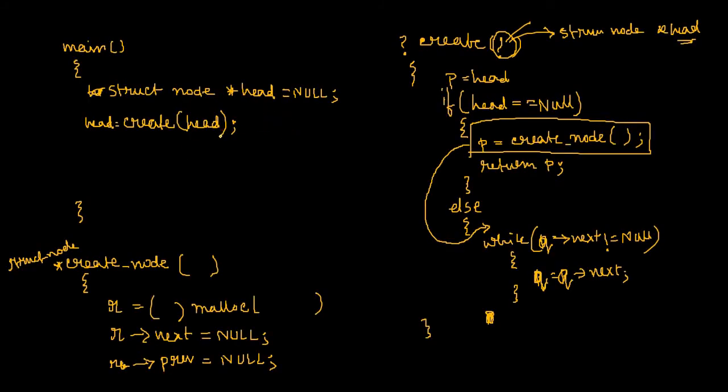And if it is not the first node, maybe second or third, in that case, automatically that will be connected with the last node of the already created linked list, somewhere over here. Because after executing this loop, we can understand that Q will point to the last node of the linked list. So for example, I have a situation something like this.